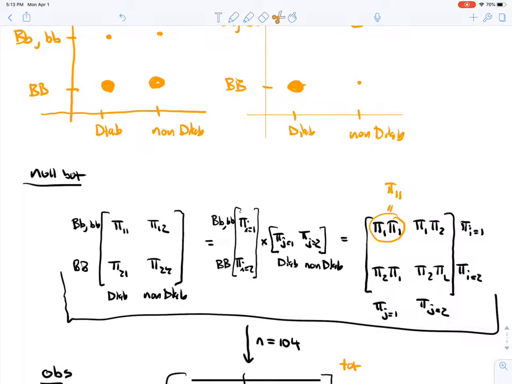So here I've just done a matrix multiplication of the marginals of the allele type and diabetes. So pi 1 1 is pi 1 times pi 1, where the first pi 1 on the left is i is 1, and the pi 1 on the right there is j is 1.